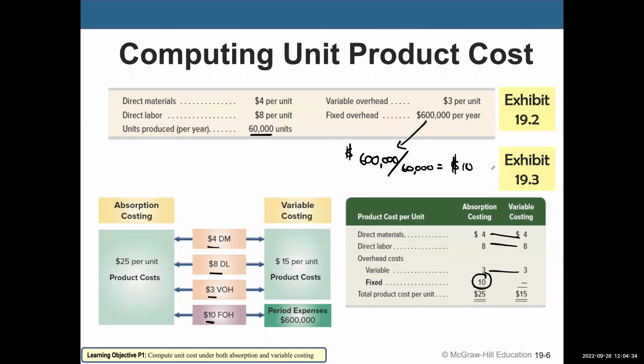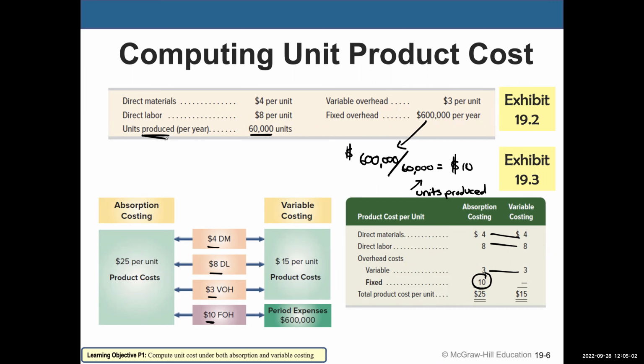Okay. We don't have it on this page, but I want you to be very careful. When you're calculating overhead on a per unit basis, make sure you divide by units produced. Later on, when we're calculating income, they'll tell us units produced, but they'll also tell us how many units we sold.